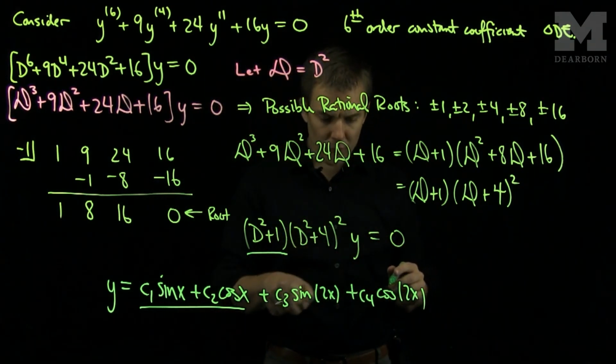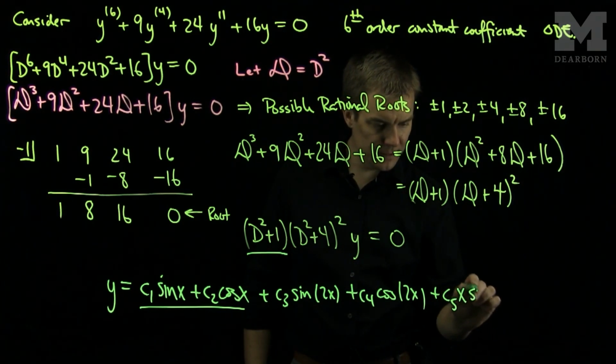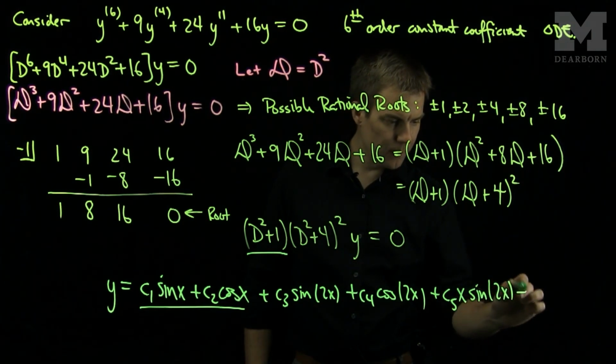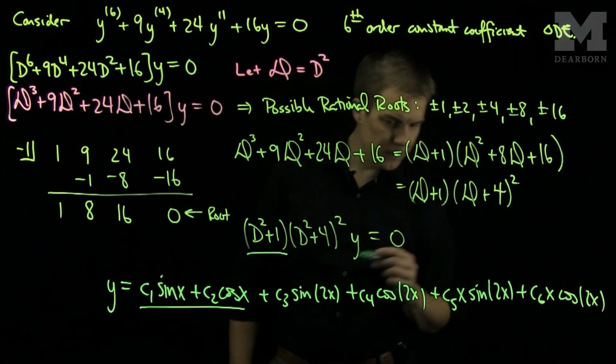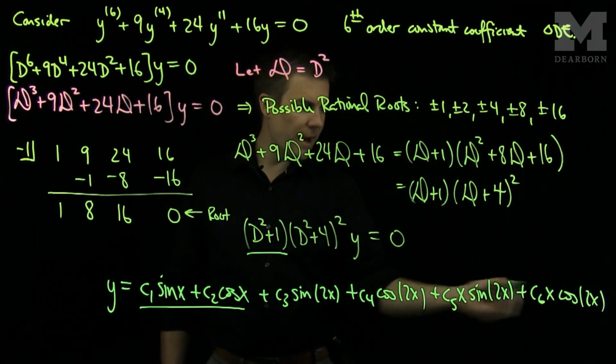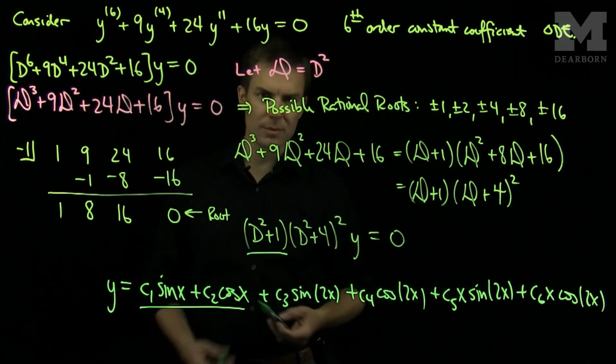And since it's repeated, we'll have these times x as well: c5 x sine 2x plus c6 x cosine 2x. The repeated root always generates a factor of x when I have it to the second power. If it was to the third power, I'd have x squared terms as well.